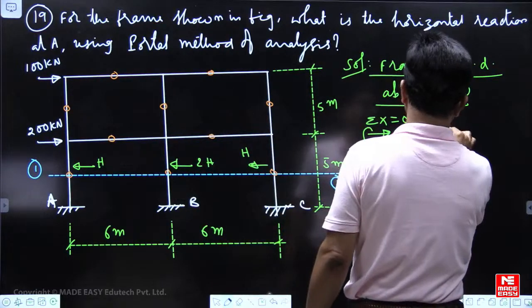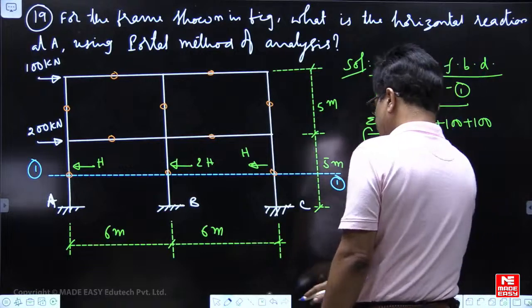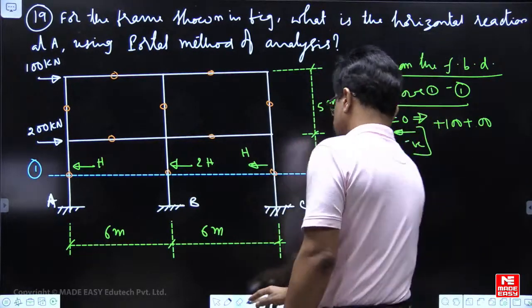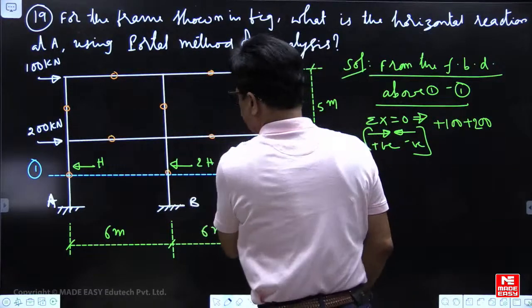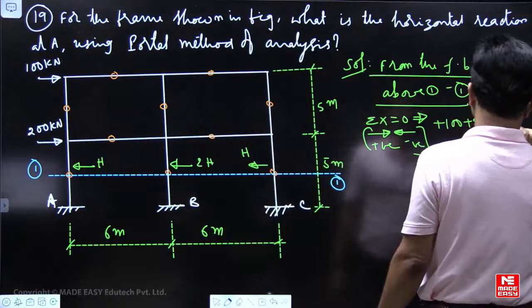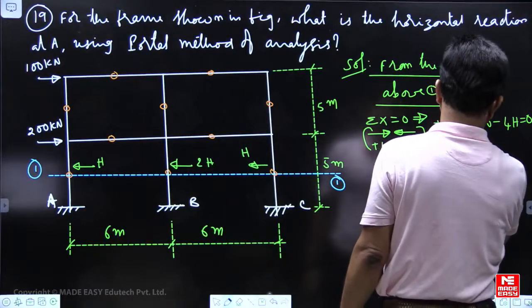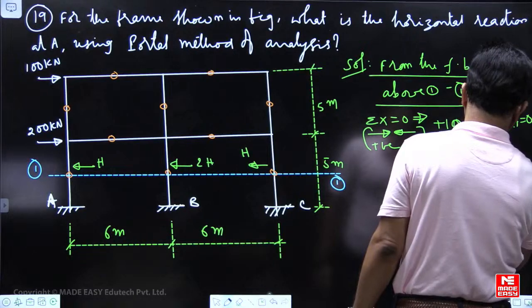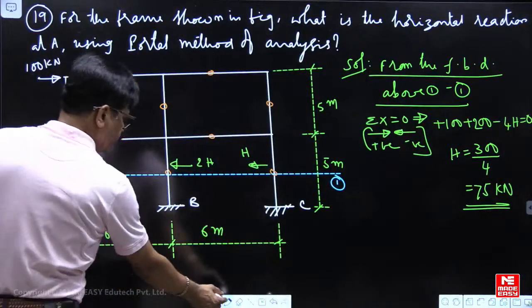Plus 100, plus 200, this is 4H. 300 by 4. So this is 75 kilonewton, we got it.